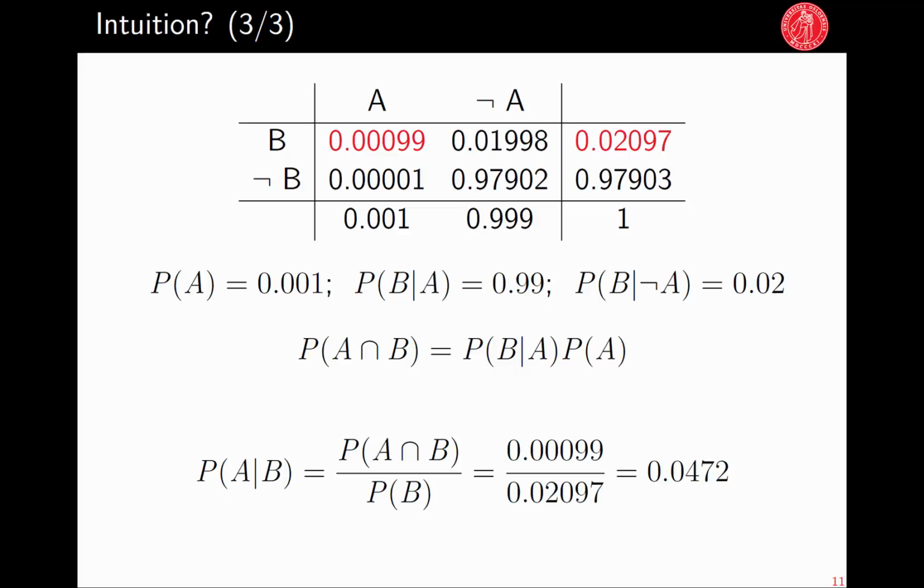So that was essentially deriving a conditional probability. What we wanted was the conditional probability of A given B, having the disease given a positive test.